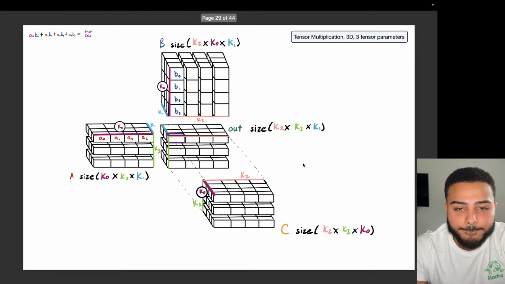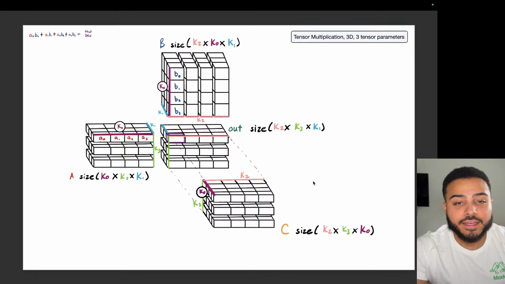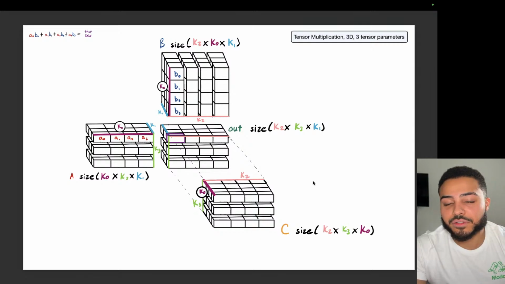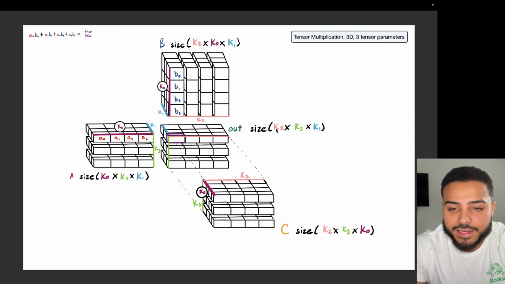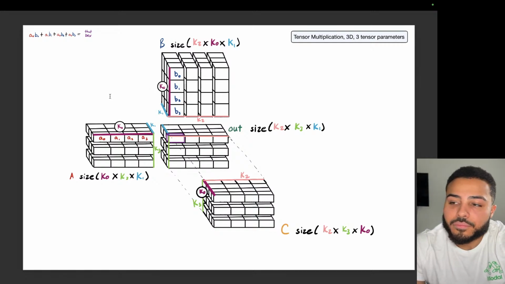Okay, so the output tensor is like in the matrix multiplication case: it's the last dimensions without that matching dimension that they all share. Okay?